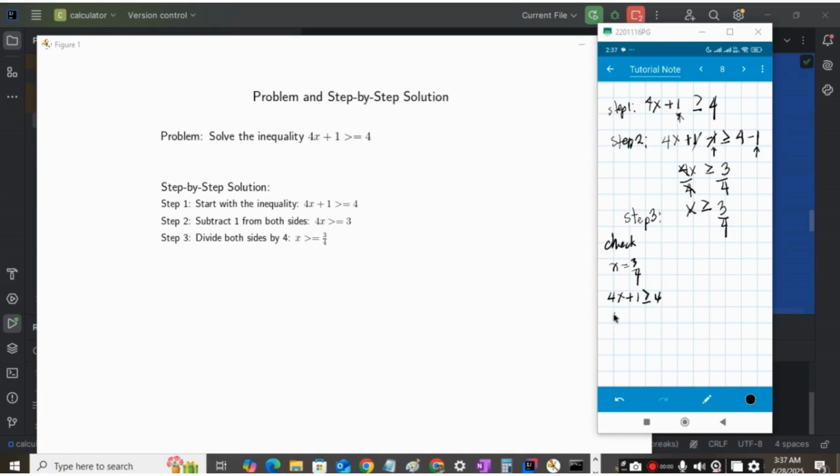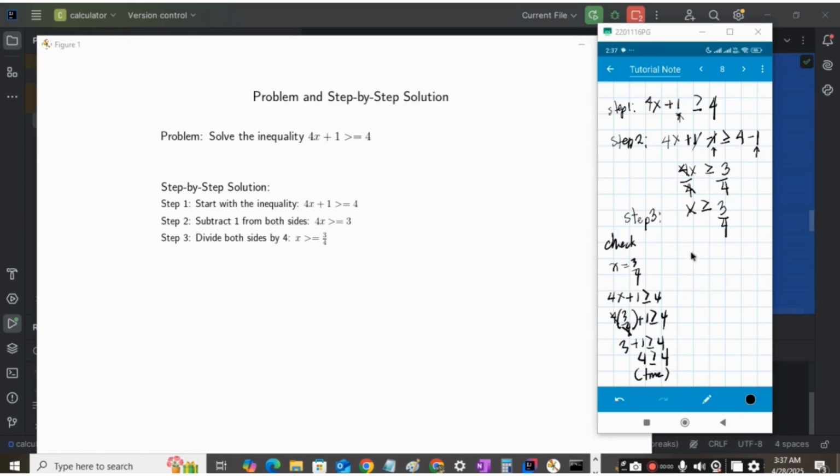We plug in our solution, 3/4. The 4 is common to the numerator and denominator, so we cancel it. What remains is 3 plus 1 greater than or equal to 4. As you can see, 4 is greater than or equal to 4, so that is true. In this case, the equality holds, such that 4 is numerically equivalent to 4.